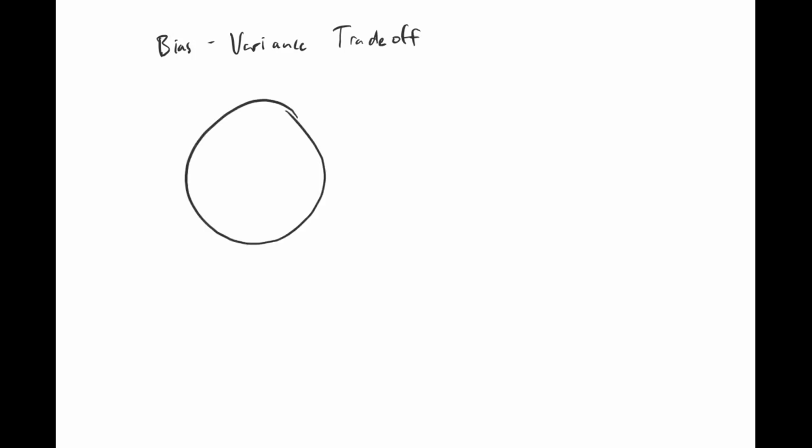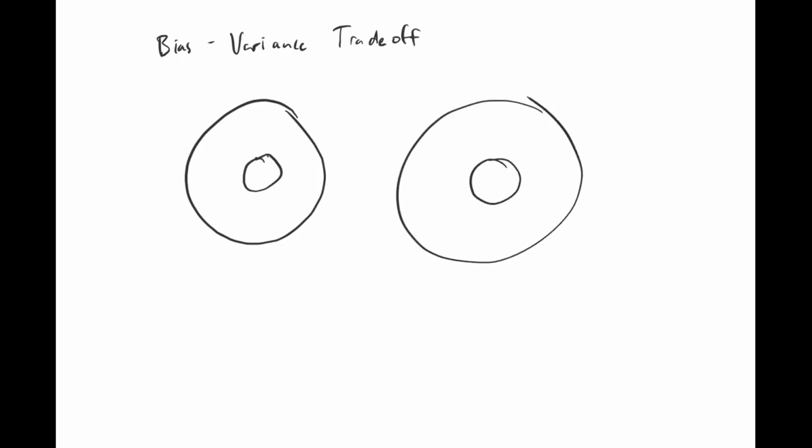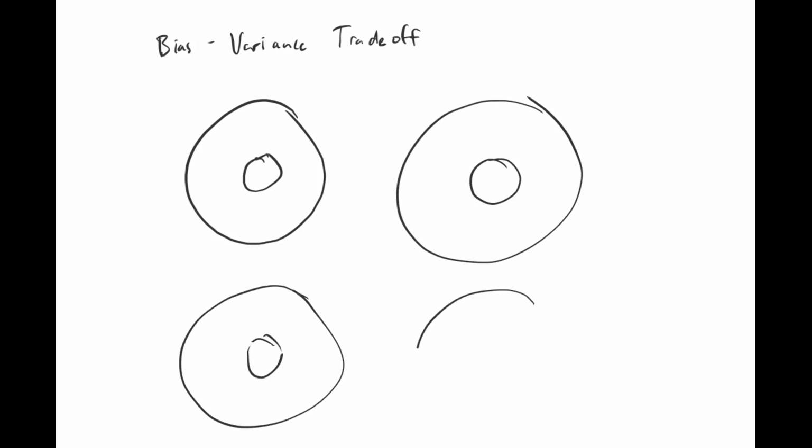So there is a concept known as the bias variance trade-off, which is essentially the central premise behind why this happens. The best analogy that I use for this is target rings.